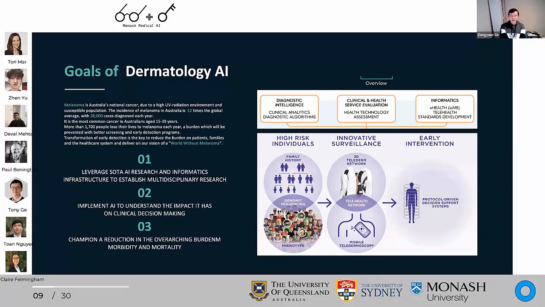So we implement the AI model to understand its potential impact on clinical decision making. A purely good AI model standalone doesn't mean anything. It has to work together with the clinicians in the real pipeline. And the third is to champion reduction in the overarching burden, morbidity, and mortality.